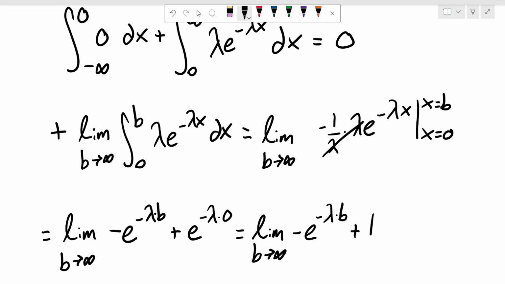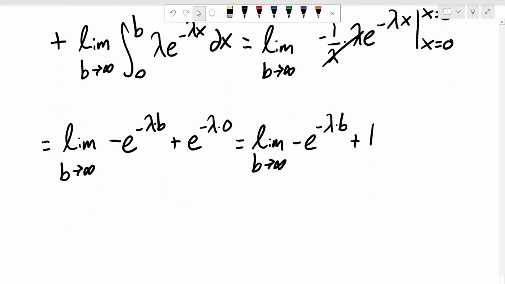So we can see where the 1 is coming from. We're hoping that this part goes to 0. Of course it does, because if we take the limit as b goes to infinity, this is e to the negative infinity, which is like 1 over e to the infinity. So that's going to be 0, and we will indeed be left with just 1.